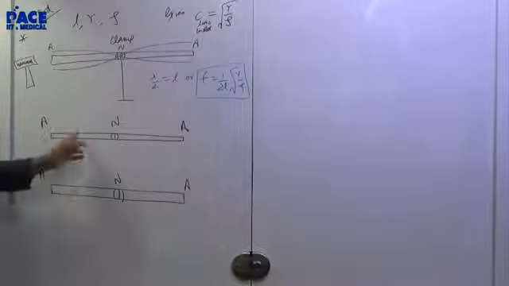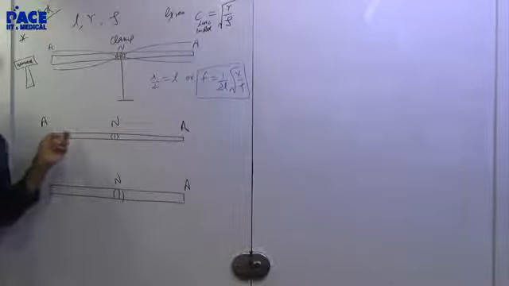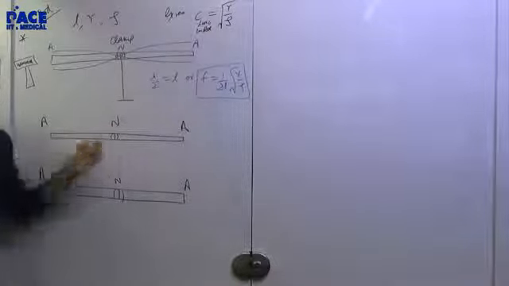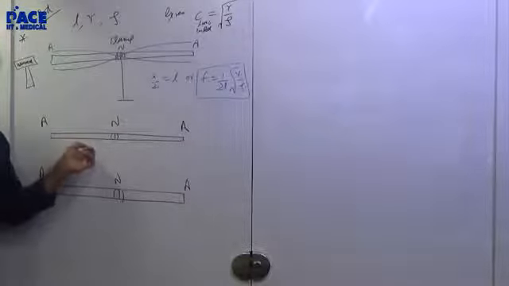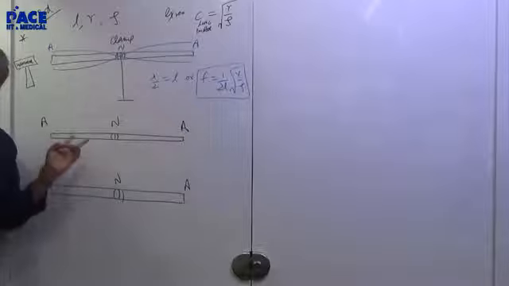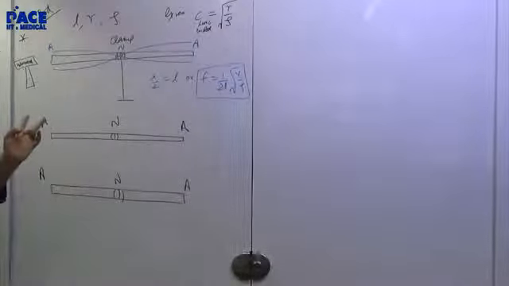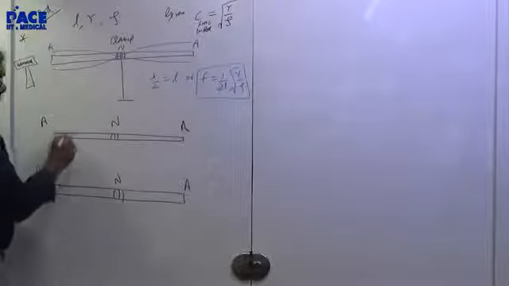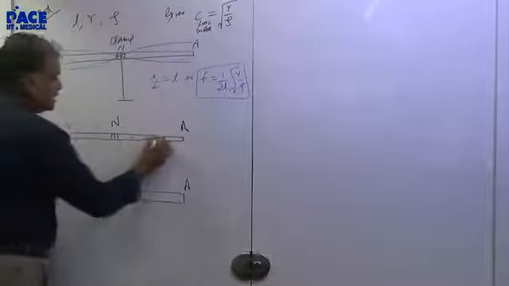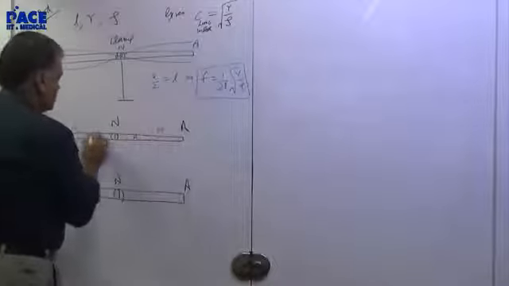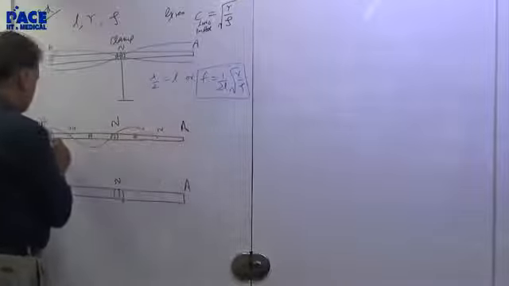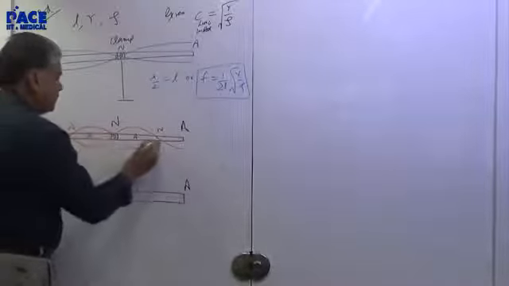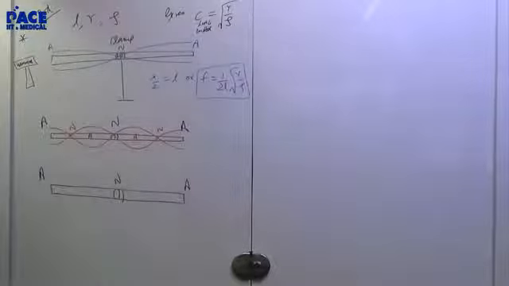If I say one more node, I cannot add one more node because that will create asymmetry. If I create a node here, that side will be different. The gaps have to be the same. So in this case, we cannot add one node at a time. You will have to add two nodes at a time, right? So that's a node and that's a node, which means somewhere here is the antinode. The picture would be something like this. So you can have only two more nodes at a time. The increment has to be 2.